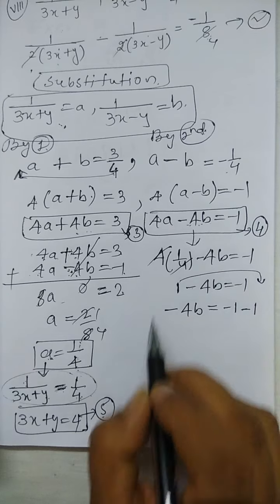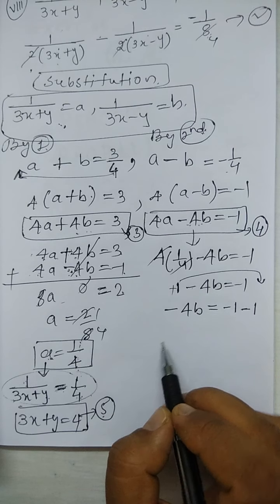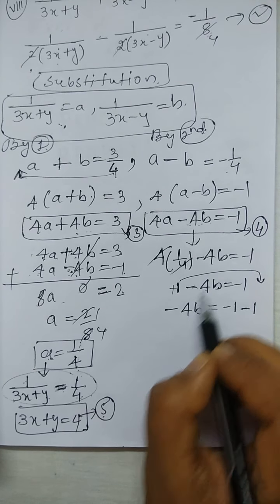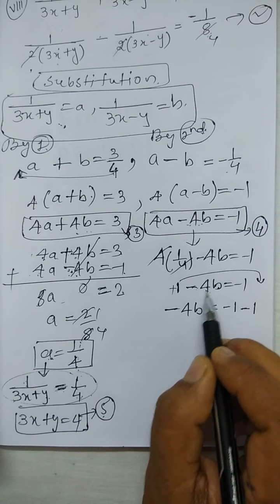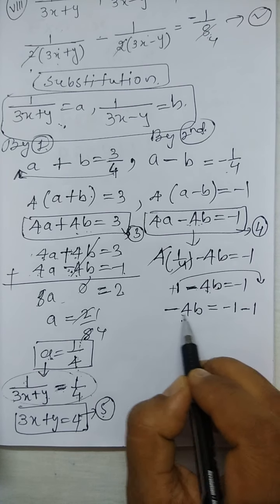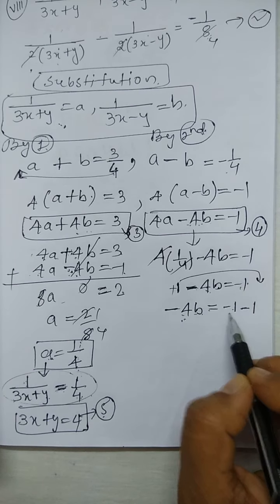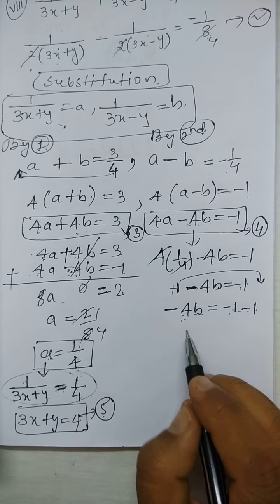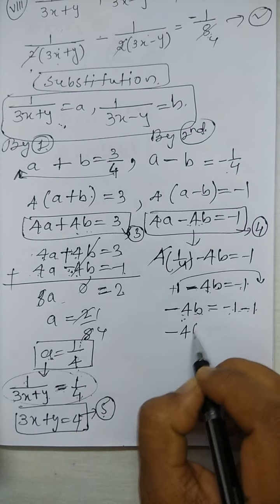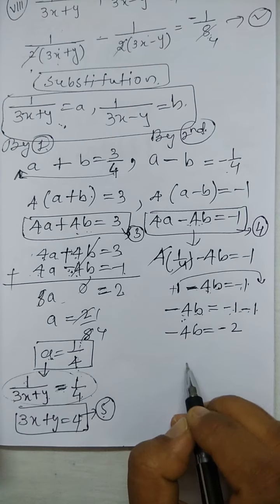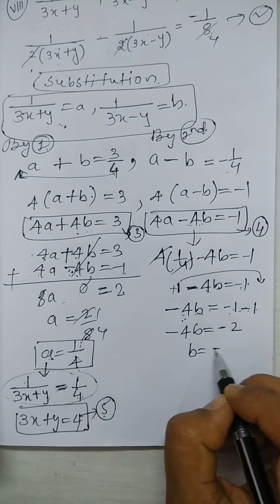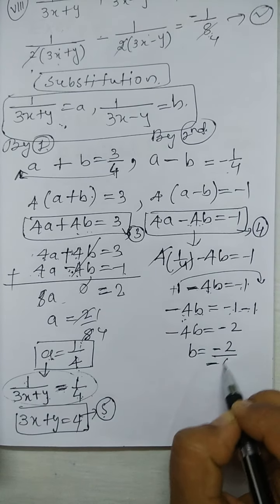It will again become minus 1, because here no sign means plus. And here minus 4b. Don't forget to write the minus sign, because this is minus 4b equals minus 1 and this will go here, it will become minus 1. So minus 4b equals minus 2.